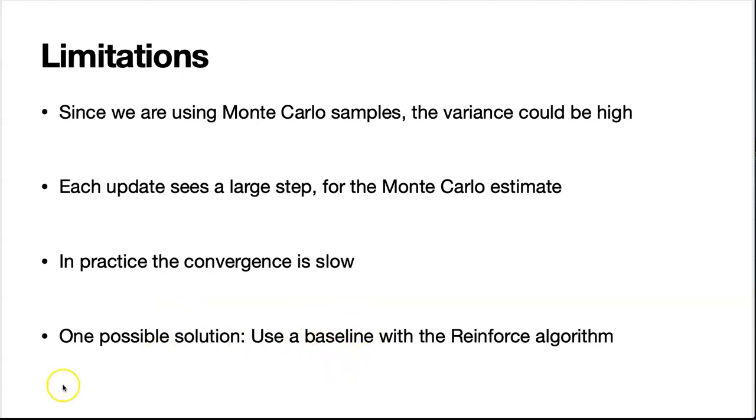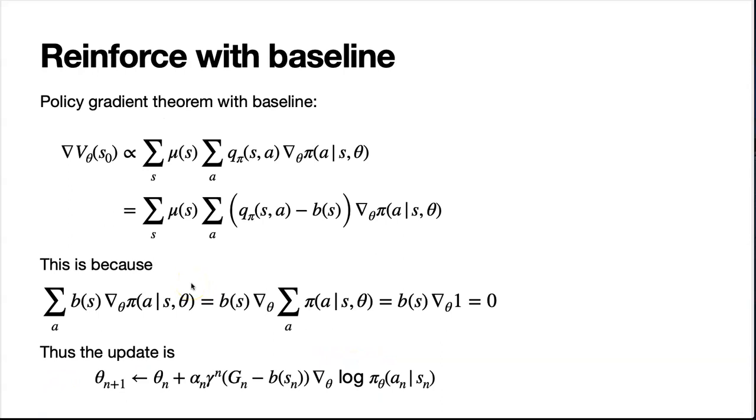One possible solution that has been illustrated in literature is to use a baseline with the reinforce algorithm. There is a subtle difference between the update rule for reinforce with baseline as compared to the traditional reinforce algorithm. Notice that we can substitute the previous expression for reinforce, where we just had a q pi, with this term here, q pi minus b(s), where b(s) is some baseline function.